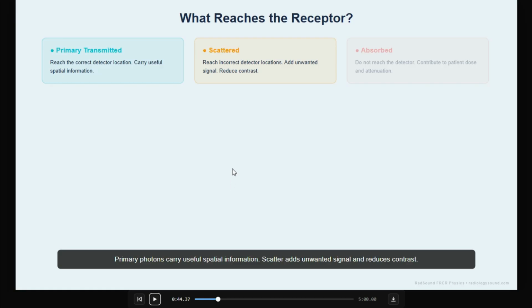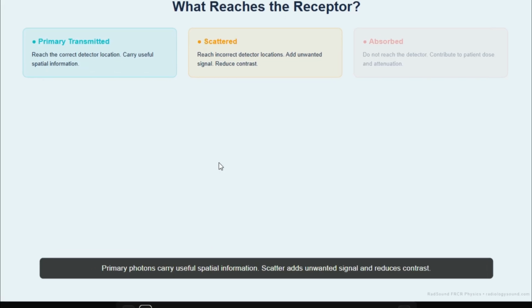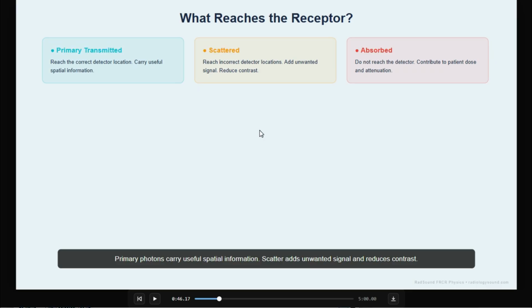Only the primary transmitted photons should reach the detector, but sometimes the scatter, especially the forward scatter, wasn't removed despite the filtration, despite all the maneuvers that the beam underwent before reaching the patient, such as collimation, filtration, at the patient level, such as compression, proper positioning, then post-patient, such as using a grid, using an air gap, and also geometric maneuvering.